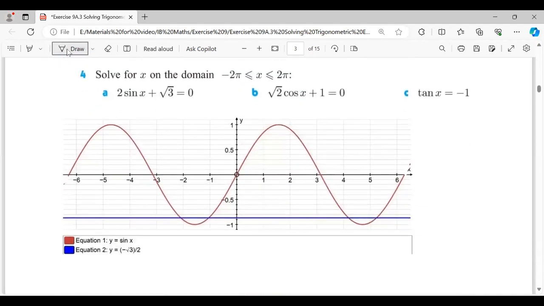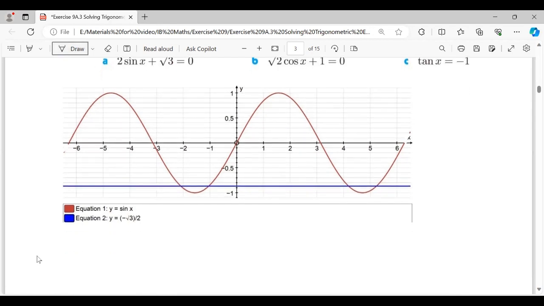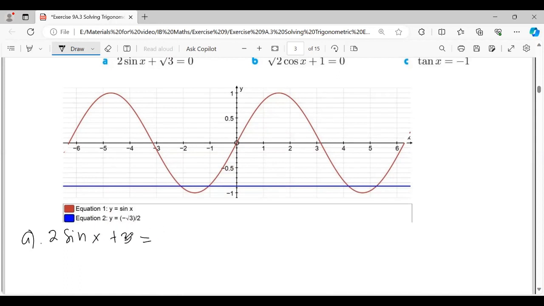Number 4, solve for x on the domain x greater than or equal to negative 2 pi, less than or equal to 2 pi. 2 sine x plus square root 3 equals 0.